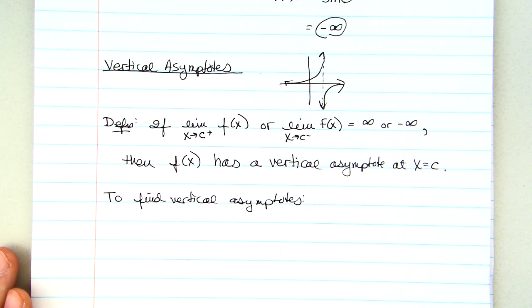Well, what gives me the infinity or negative infinity thing? I know that happens when I have some non-zero number over 0. So really, all I need to do, I don't need to go to all that limit stuff. All I need to do is look for places where the denominator is 0, however, the numerator is not.